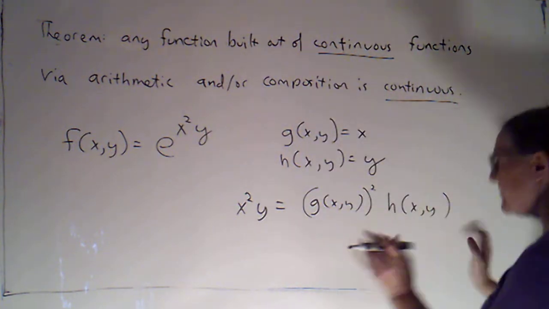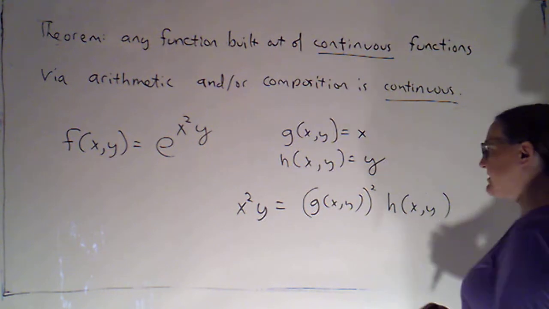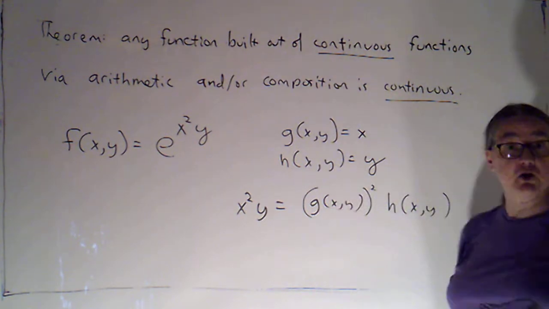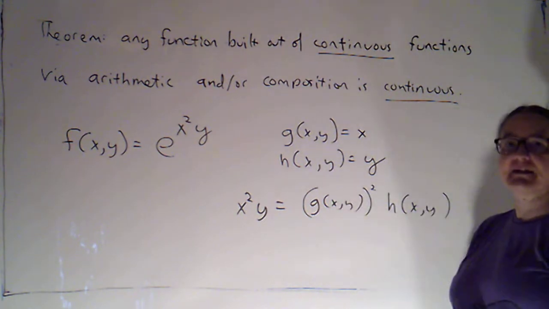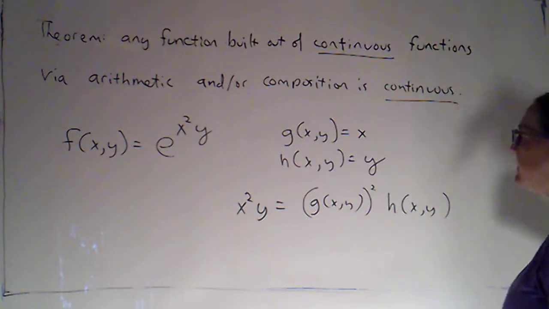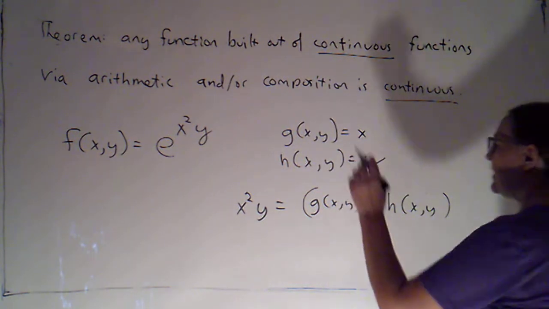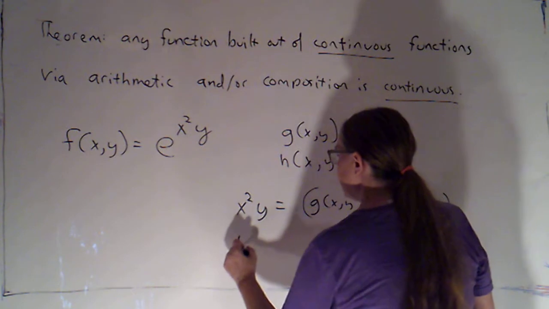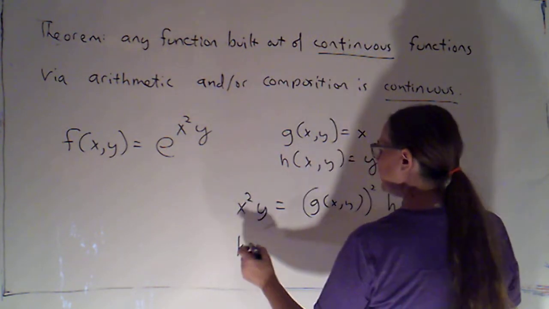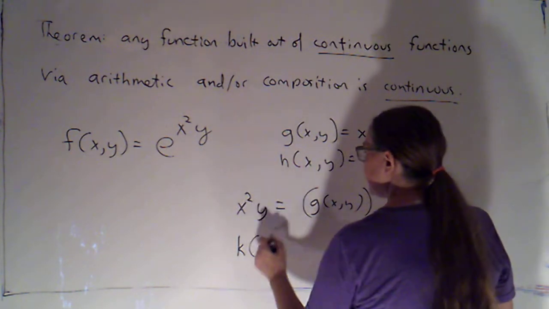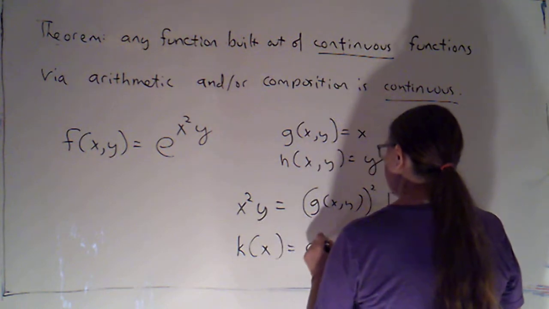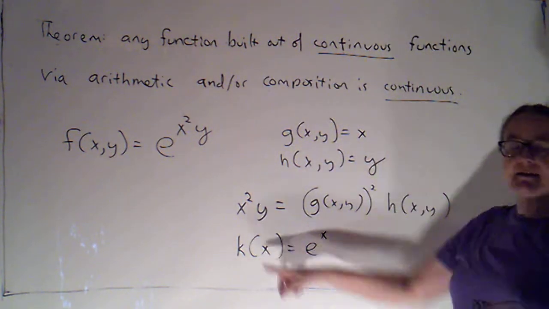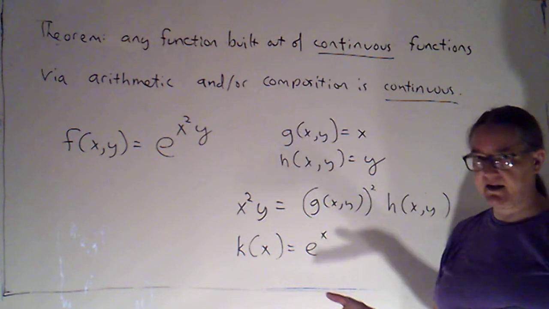Now this is also the same type of function. It's a function where I would plug in a point in 2 space and I would just get out a single number. Now, I'm going to take a look at k of x equals e to the x. X is just a placeholder for my input.